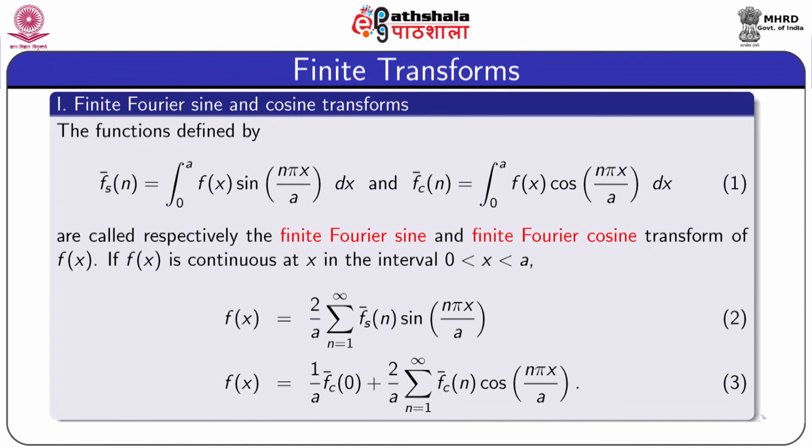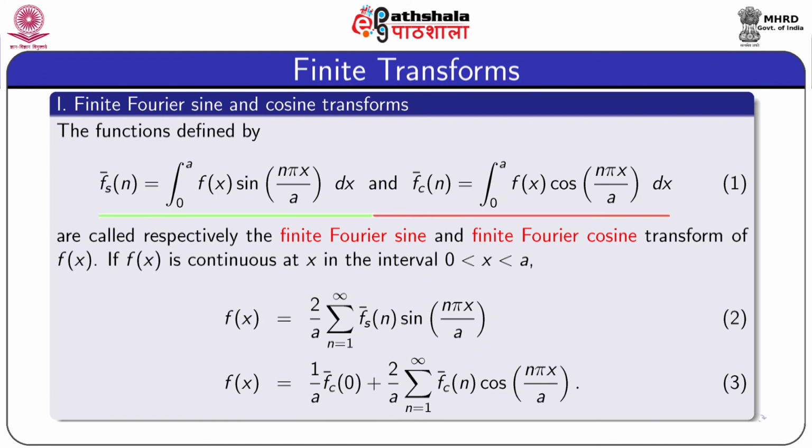First, I shall define finite Fourier sine and cosine transform. The finite Fourier sine transform of a function f(x) is denoted by f bar s (n) is equal to integration 0 to a f(x) sin(n pi x by a) dx, where n is an integer.